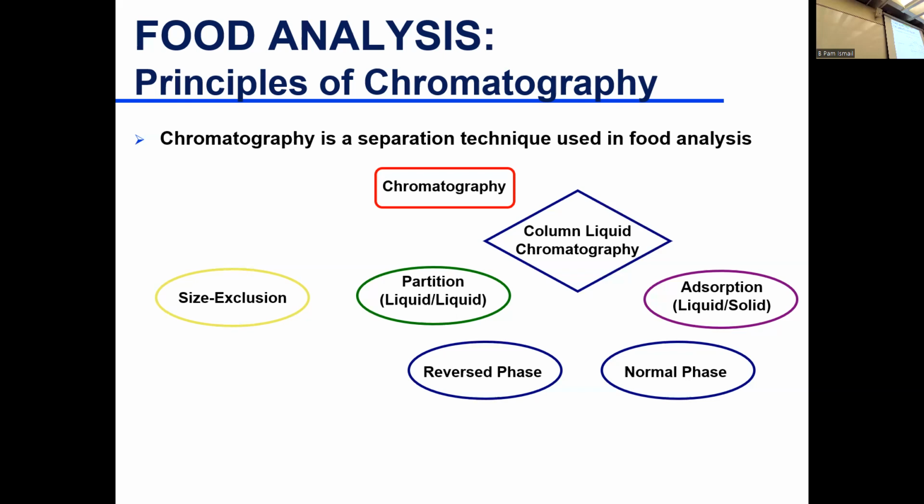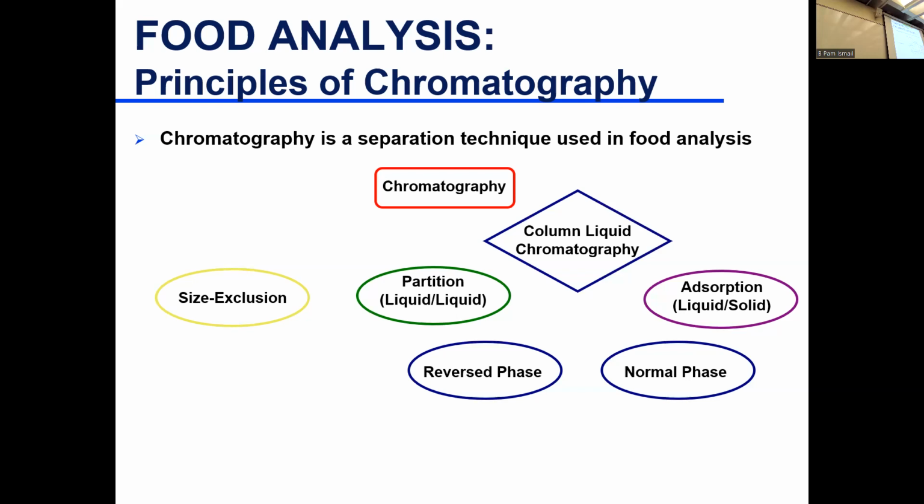That's normal. So if you have two compounds, one of them more polar than the other, the more polar compound will retain longer on top. The less polar compound will move faster because the mobile phase is non-polar. That's normal phase. Reverse phase is the opposite.